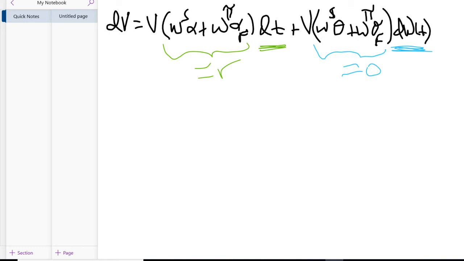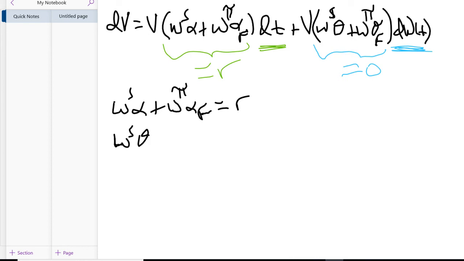Well, we can cast a system of equations now, where up here we had the weight of the stock times alpha plus the weight of the option times alpha_f equals r. And then also we need the weight of the stock times sigma plus the weight of the option times sigma_f equals 0.